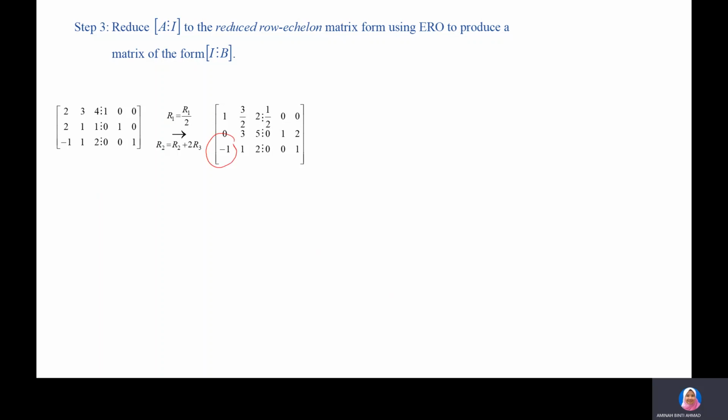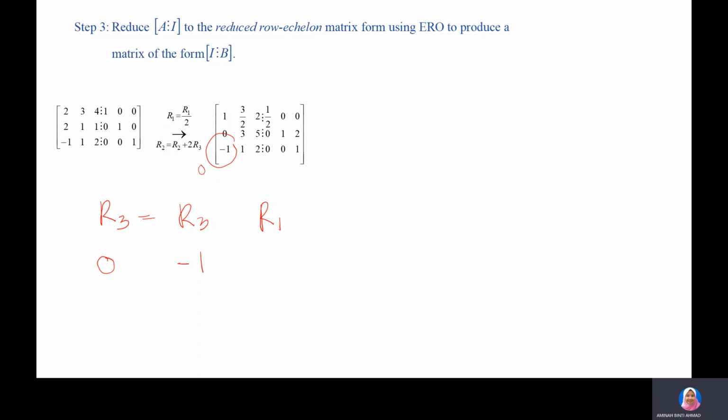Now this one becomes 0. So write back, your formula is row, and the entry that you will do is row 3. Okay, so you write back row 3. So we can use row 1 to achieve this equal to 0, where our row 3 equal to negative 1.